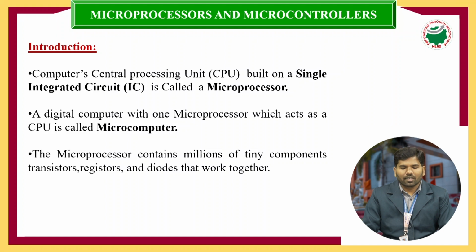The microprocessor contains millions of small tiny components, transistors, resistors, diodes. So all these work together to execute an instruction or perform any task. So what do you mean by microprocessor? The microprocessor is nothing but a computer's central processing unit, built on a single integrated chip.